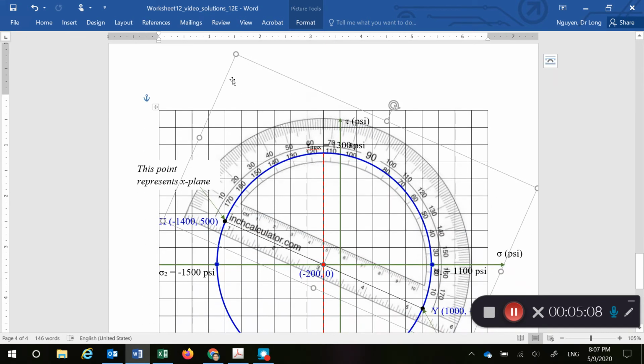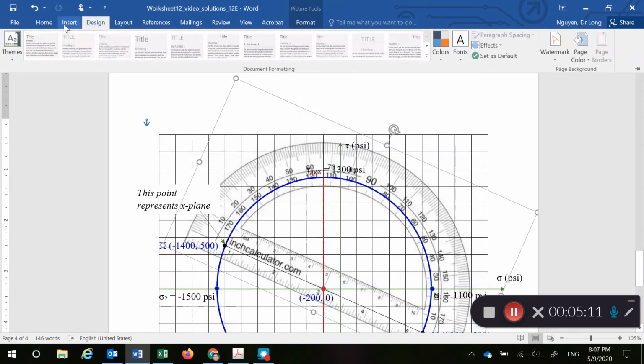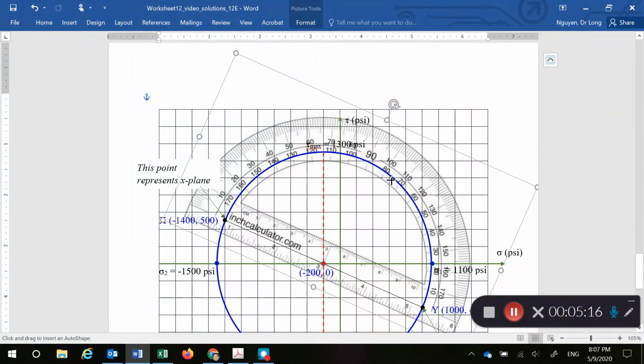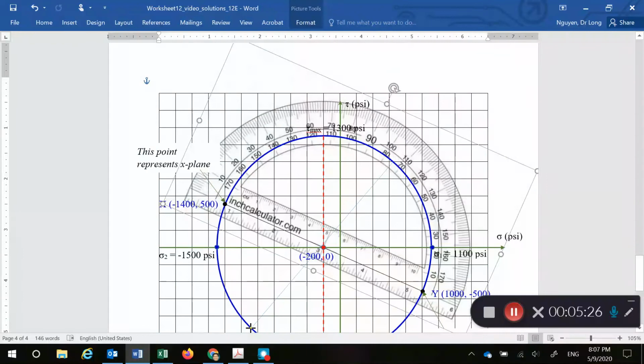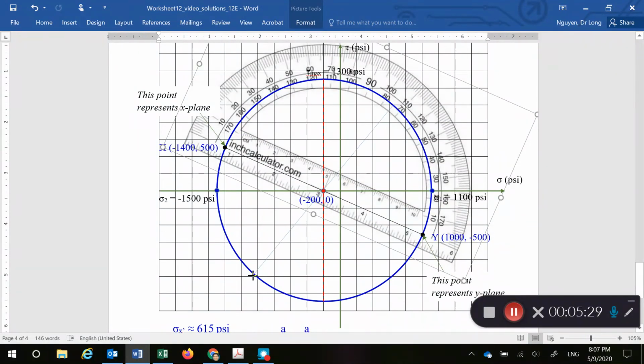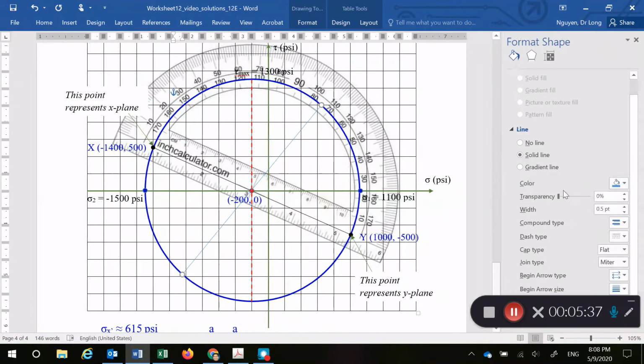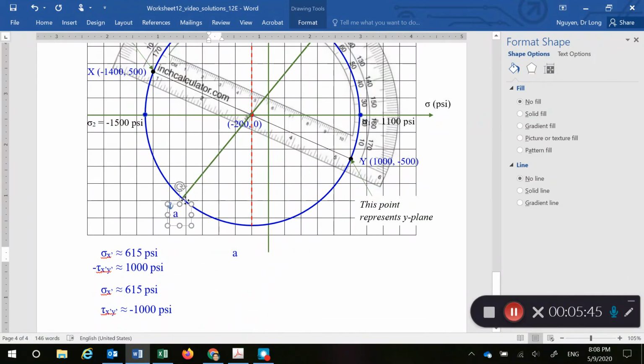So clockwise, we can draw the line from about that point, clockwise from x. The plane that we are going to draw goes through the center, and that is plane AA that we are talking about.